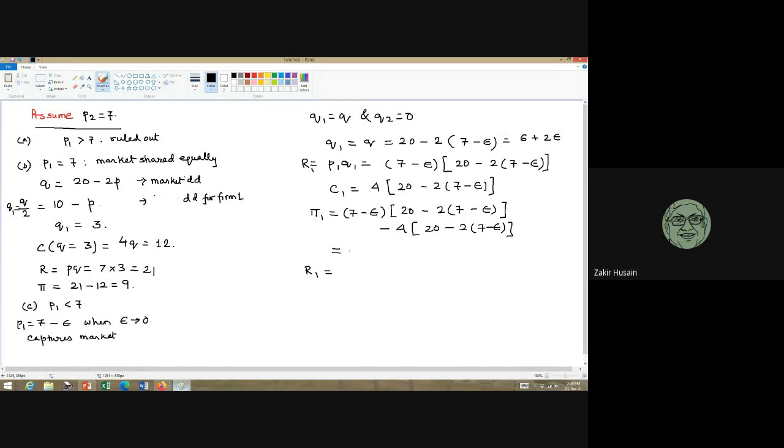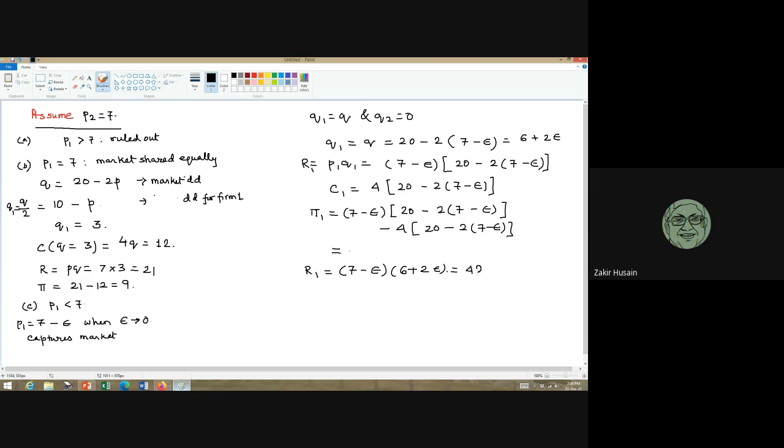Anyway, this will be 7 minus epsilon. This is 6 plus 2e. So how much?